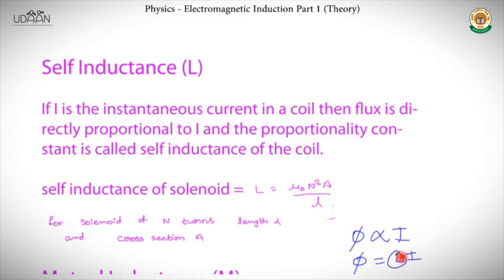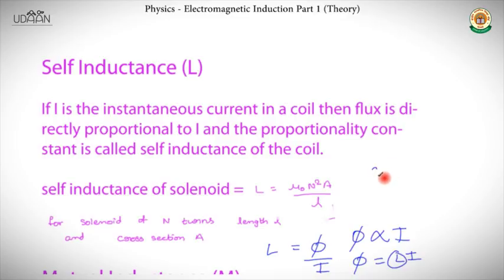So we can also define self-inductance by a formula: self-inductance is phi by I. That is also given as mu naught n square A by l, which is very intuitive. By just putting in the values, we get this value.